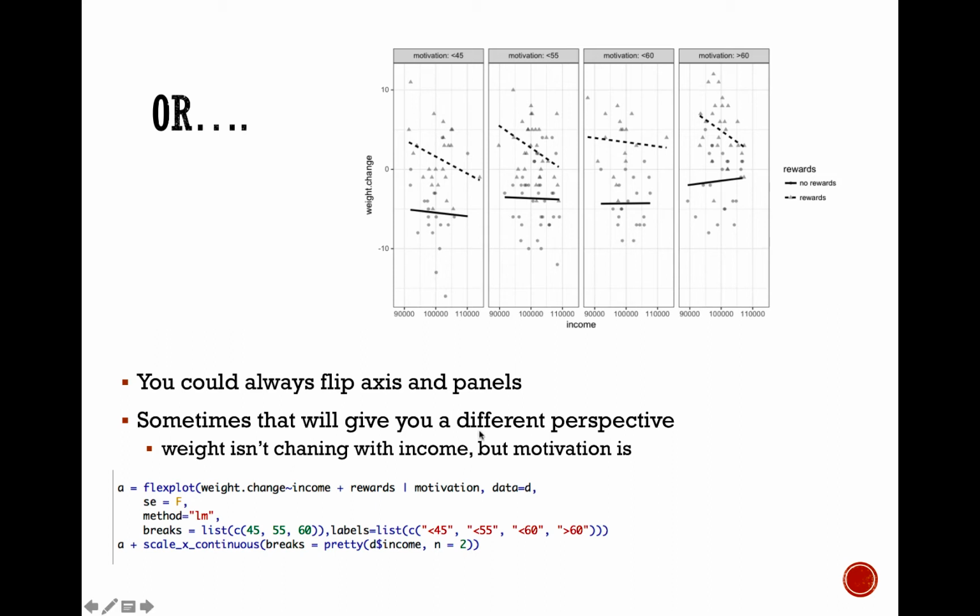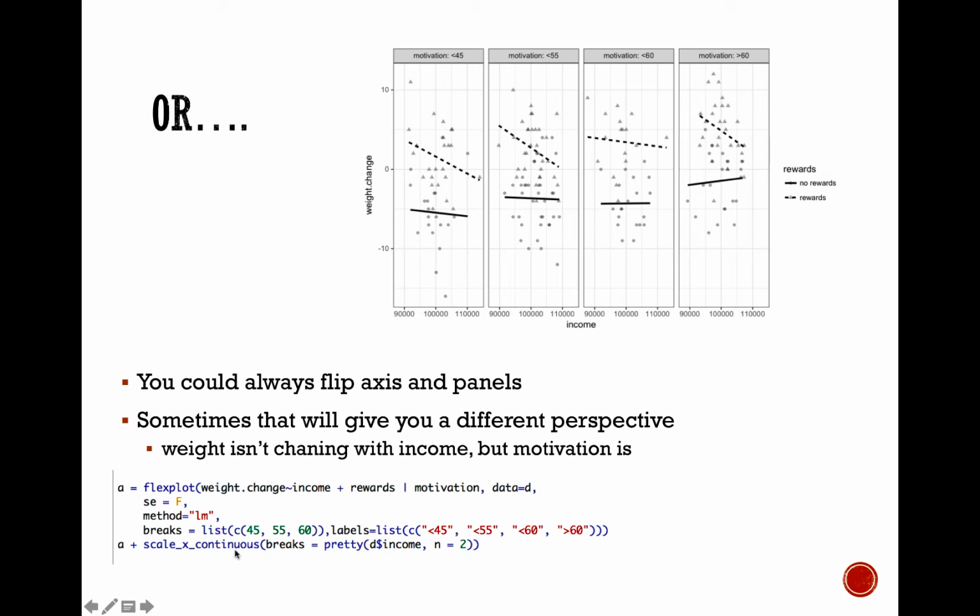And here's the R code that does it. I created an object that stores the FLEXPLOT, and then it must have been that the income was kind of messing things up, or the tick marks or the numbers were kind of bleeding into each other. And so that's probably what that does.